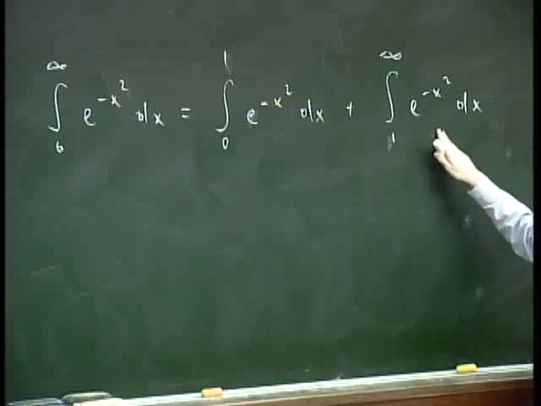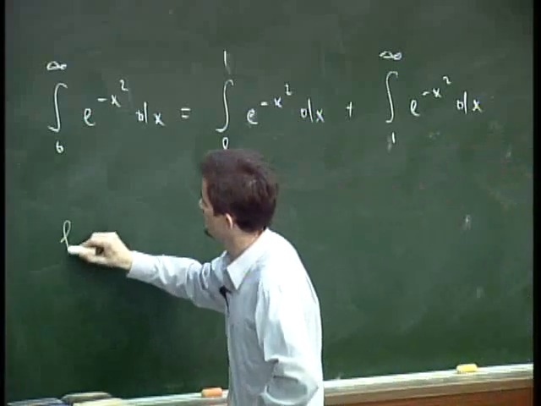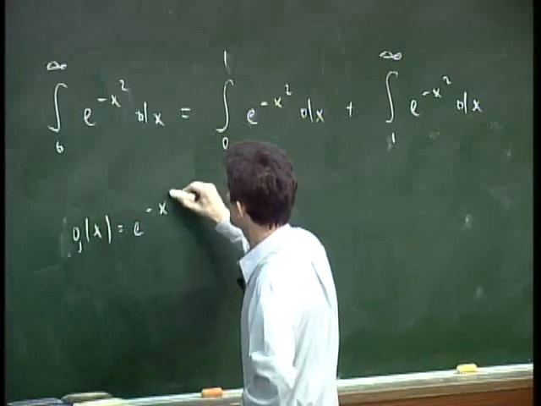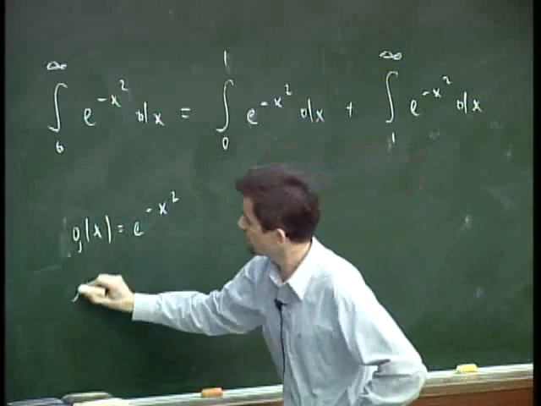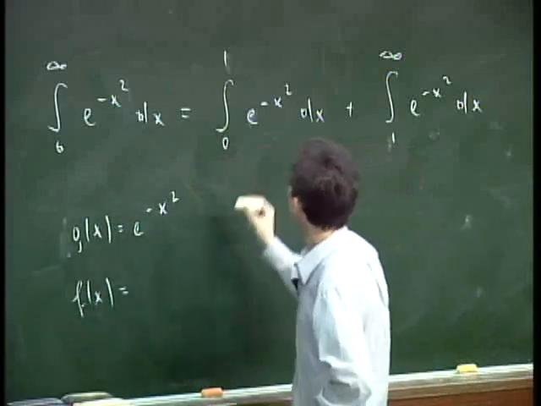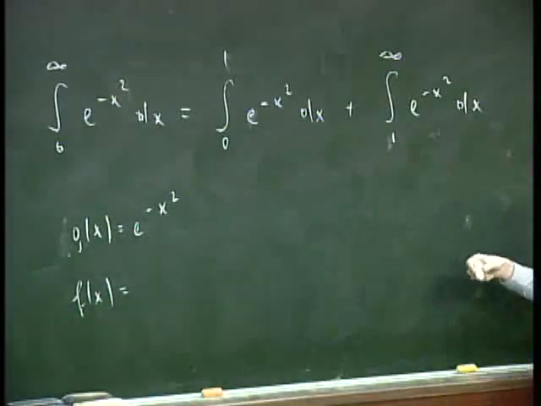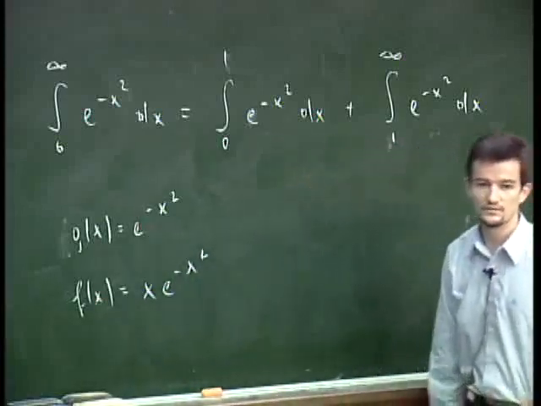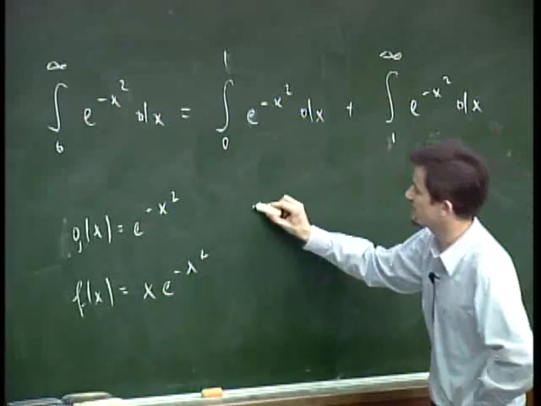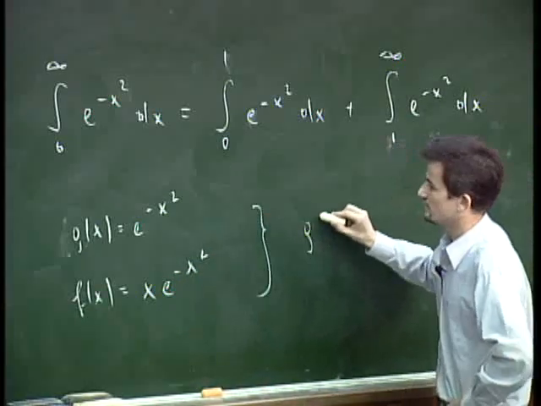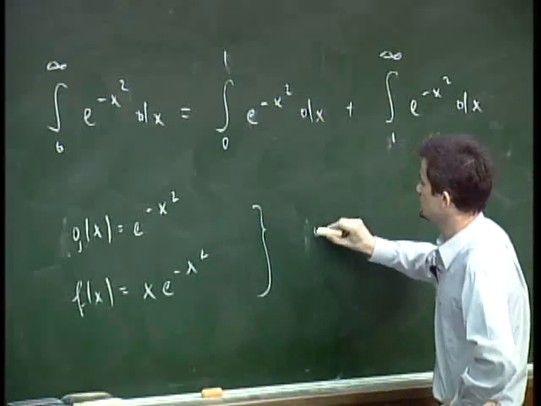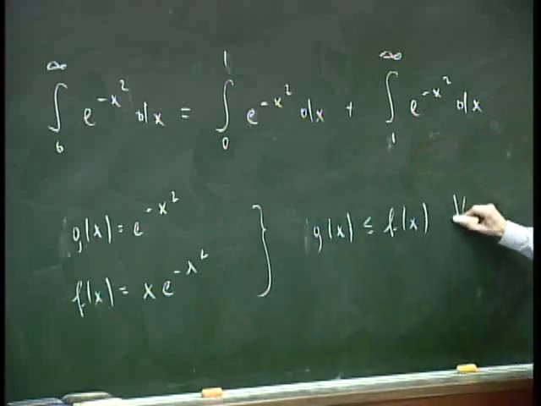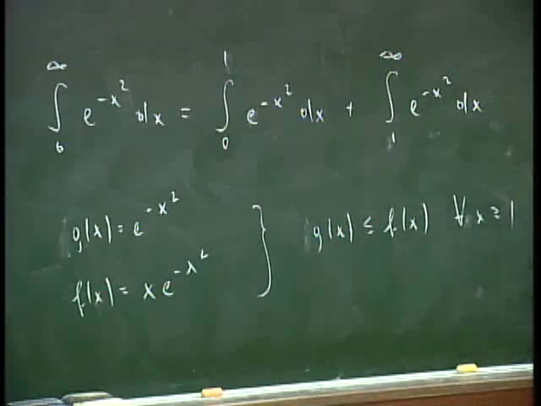Now for this part, our function g of x is equal to e to the minus x squared. And for our function f of x, that's the reason why I write it like this, you can choose x times e to the minus x squared. So you will see that indeed you have g of x is smaller or equal than f of x for all x larger or equal than 1.